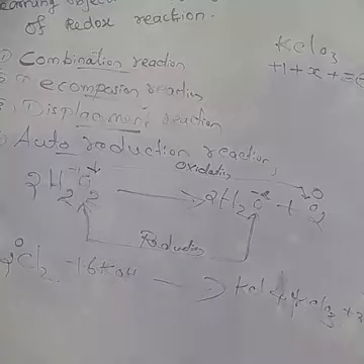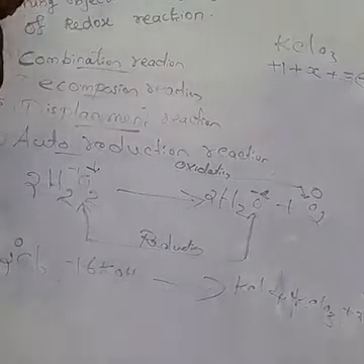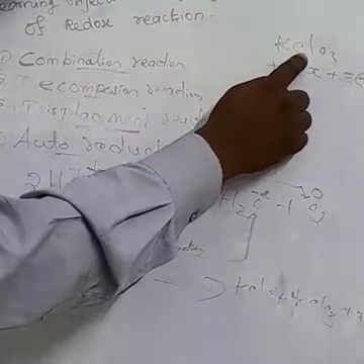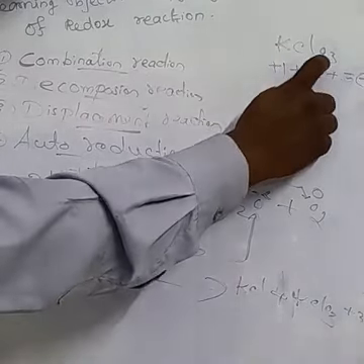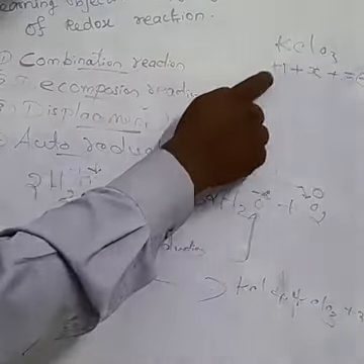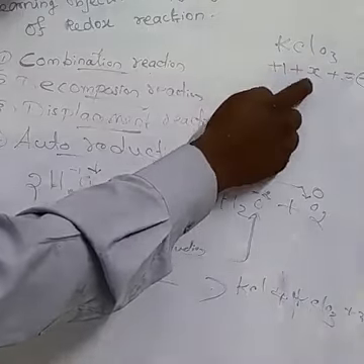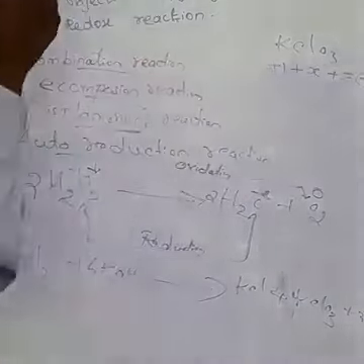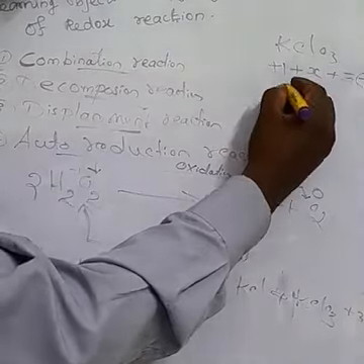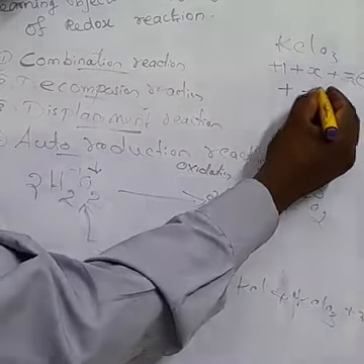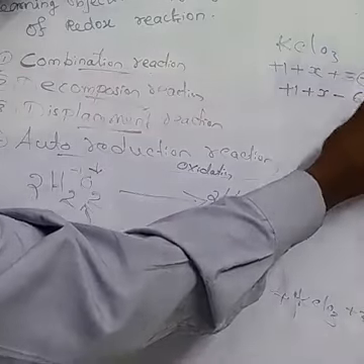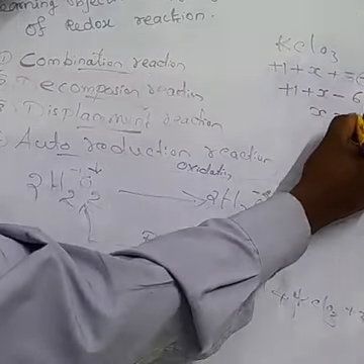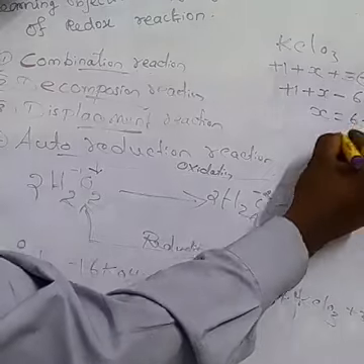Am I right? So here you should find out chlorine. Chlorine should be taken as X. Potassium is plus 1 and oxygen is minus 2. Potassium plus 1 plus X plus 3 into minus 2 is equal to 0. Then plus 1 plus X minus 6 is equal to 0. X is equal to 6 minus 1.